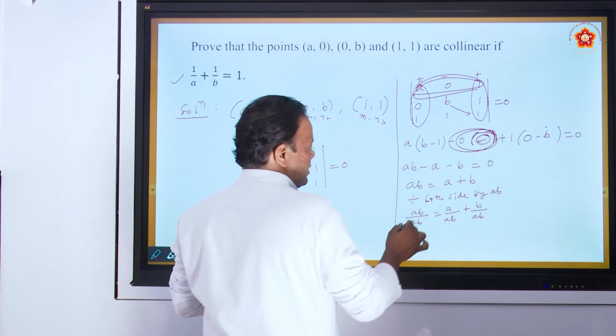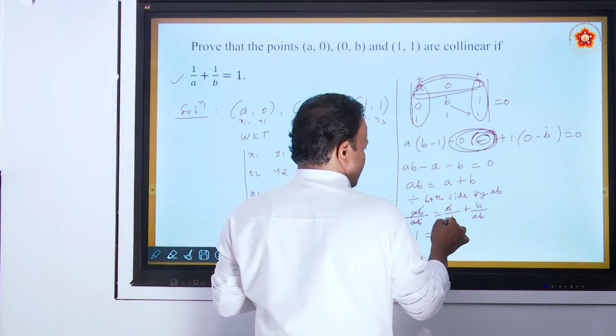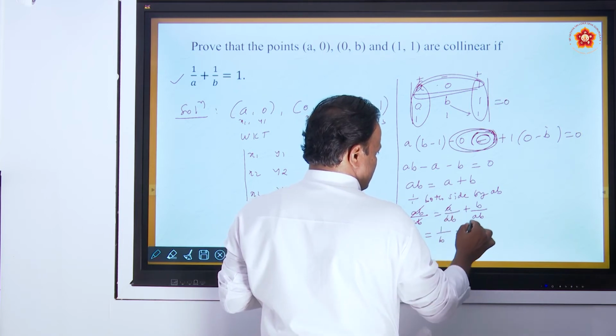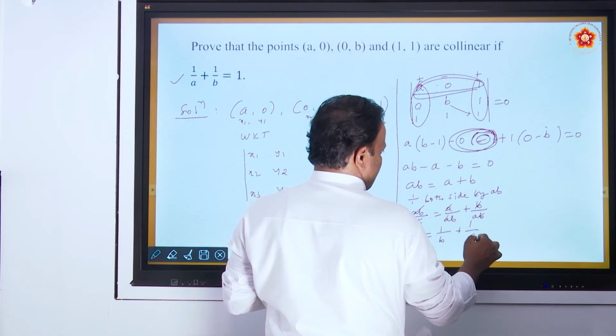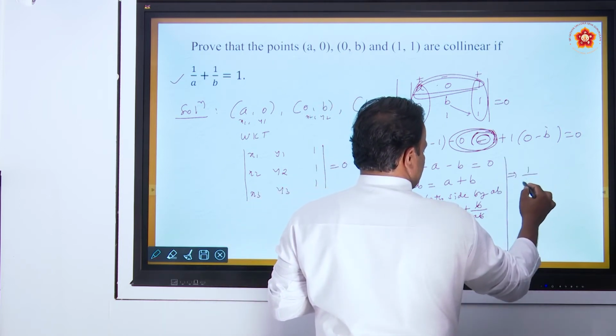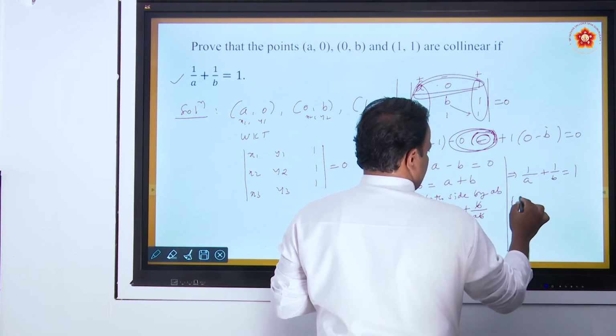Correct? What happened here? ab gets cancelled, here remaining 1; a gets cancelled, here remaining 1/b; b gets cancelled, remaining 1/a. We can write this as 1/a + 1/b = 1. Hence proved.